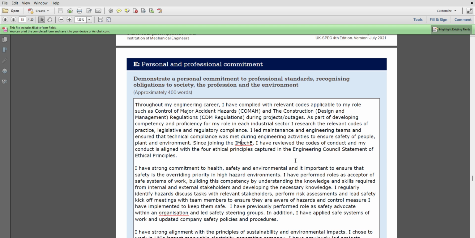I led maintenance and engineering teams and ensured that technical compliance was met during the engineering activities to ensure safety of people, plant, and environment. Since joining the IMechE, I have reviewed the codes of conduct, and my conduct is aligned with the 4 ethical principles captured in the Engineering Council Statement of Ethical Principles.